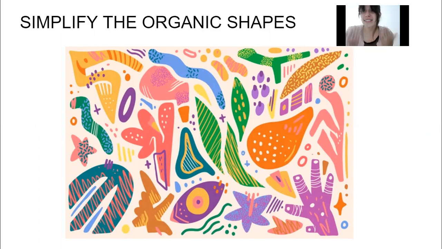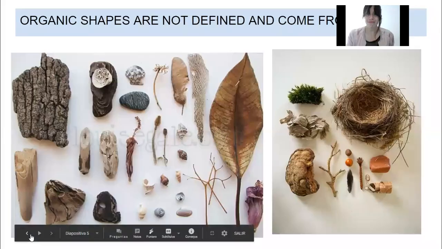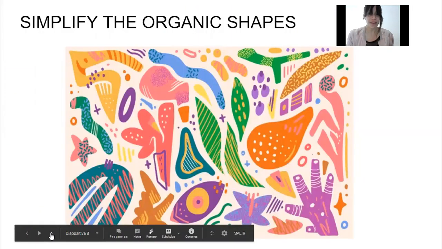So here's an example of simplified shapes: to draw organic shapes, in this case, and simplify them, okay? They are all inspired by nature. You see?